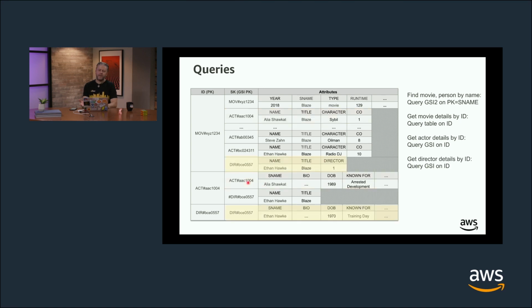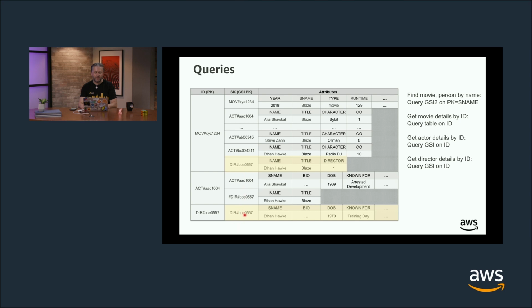And next, if we need to get director details by ID, we would again query the GSI on the director ID, and same thing as with actor, we would get all the records from the GSI that have that same director ID as the partition key.